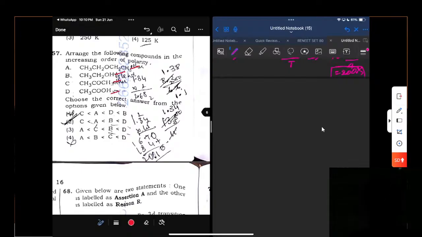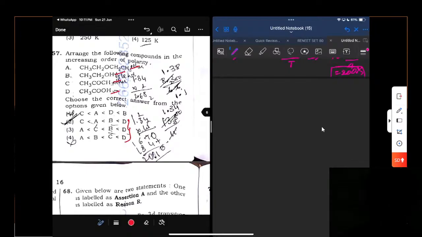We know carboxylic acid is highly polar in nature. So D is highest, and in three options we have D highest. After that comes alcohol. Ethers are less polar in nature because of the presence of the same type of group on either side.